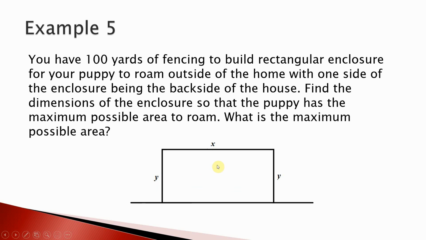So if that function is a quadratic function, we can find the maximum or the minimum. In this case it will be a maximum, and when that maximum occurs. So from that we can find the dimensions. Okay, so the first step is to express the area in terms of x and y. So area of this rectangular enclosure is x times y.